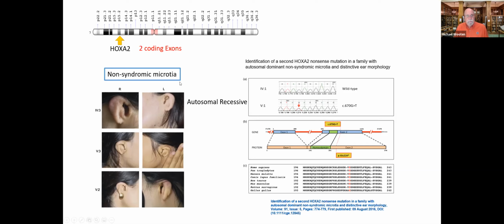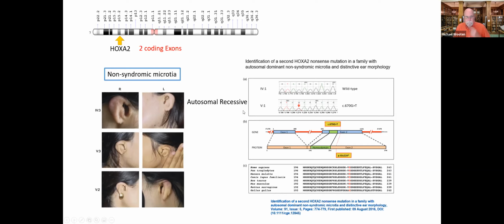There are mutations that can occur that lead to a malformation of the ear, the external pinna of the ear, as well as malformations of the ear canal itself, okay? Sometimes leading to deafness in one side, or other times just morphological forms.